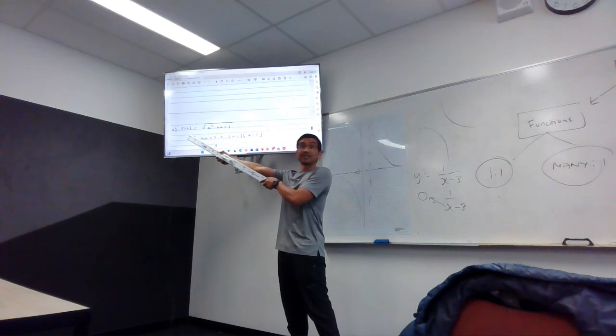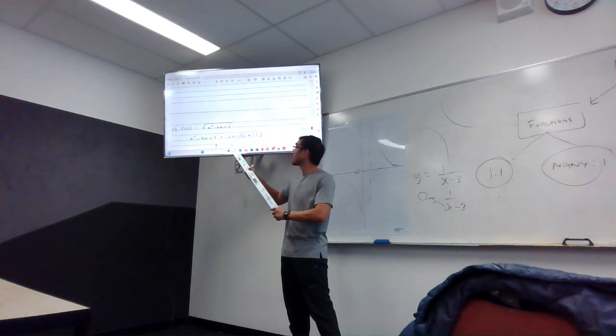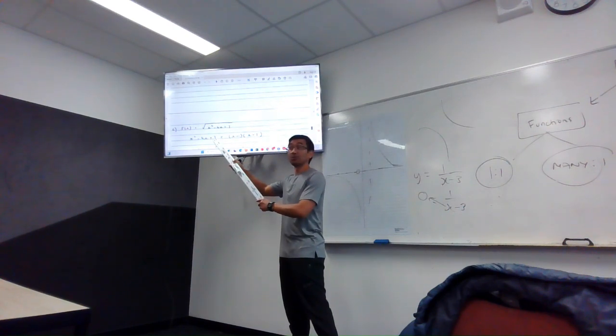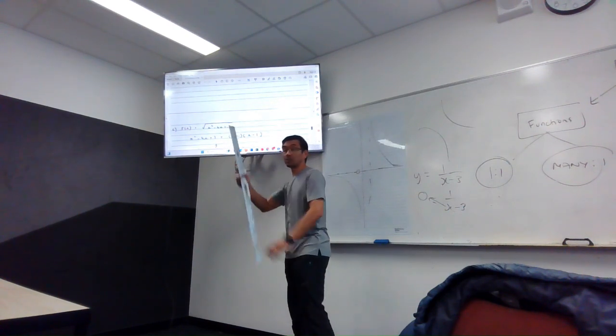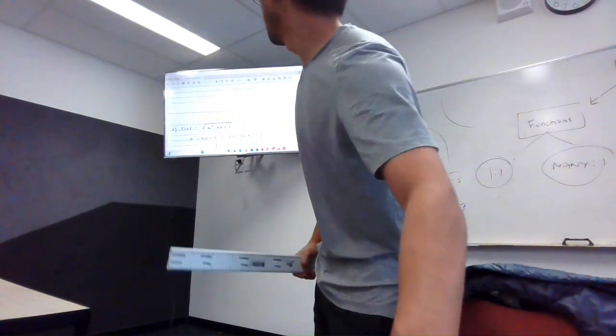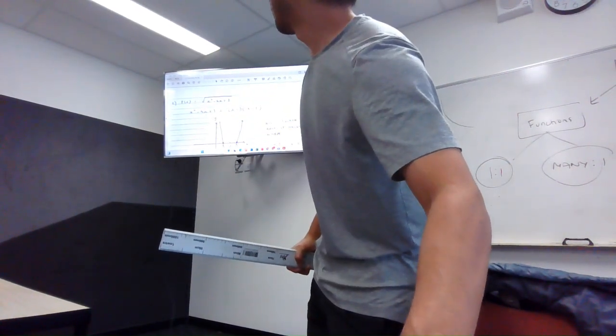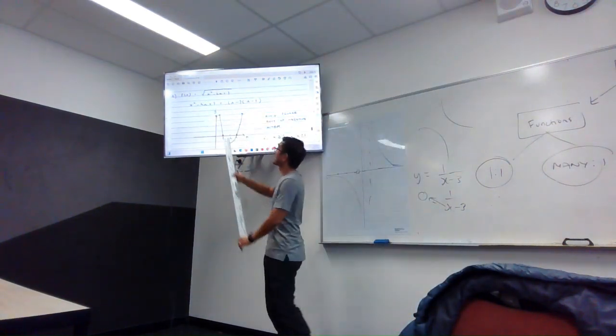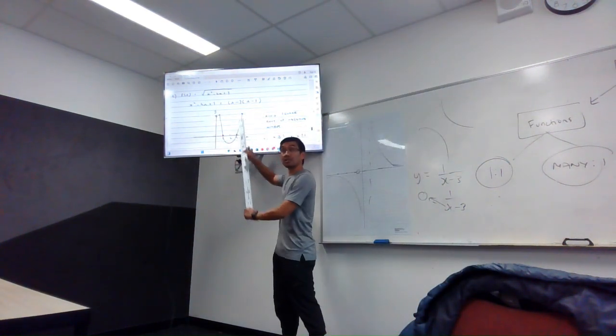Our quadratic, we factorize as normal. x minus 1, x minus 3 is that trinomial factorization. We're good with that. However, I now graph it. I'm not graphing the square root, I'm graphing the quadratic only. This is just the quadratic.